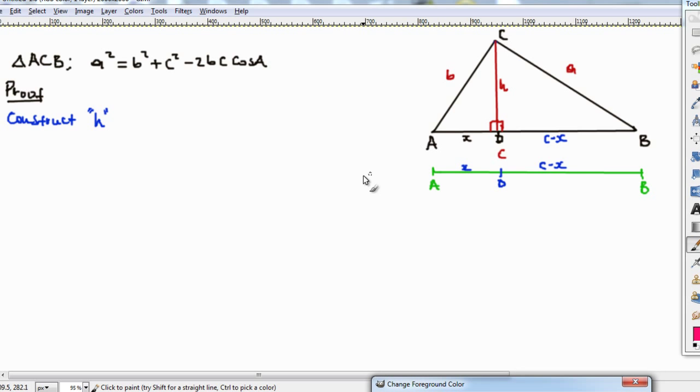Let's look at this one, the right angle triangle ACD. This is A, this is C, this length is B, this is that arbitrary length X, and then H.